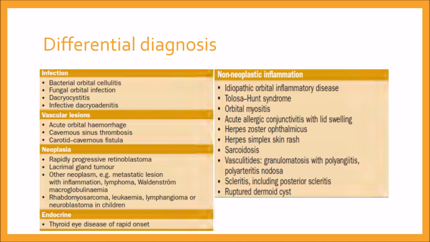Then non-neoplastic inflammatory lesions include idiopathic orbital inflammatory disease, Tolosa-Hunt syndrome, orbital myositis, acute allergic conjunctivitis with lid swelling, herpes zoster ophthalmicus, herpes simplex skin rash, sarcoidosis, vasculitides, granulomatosis with polyangiitis or Wegener's, polyarteritis nodosa, scleritis including posterior scleritis, and ruptured dermoid cyst.